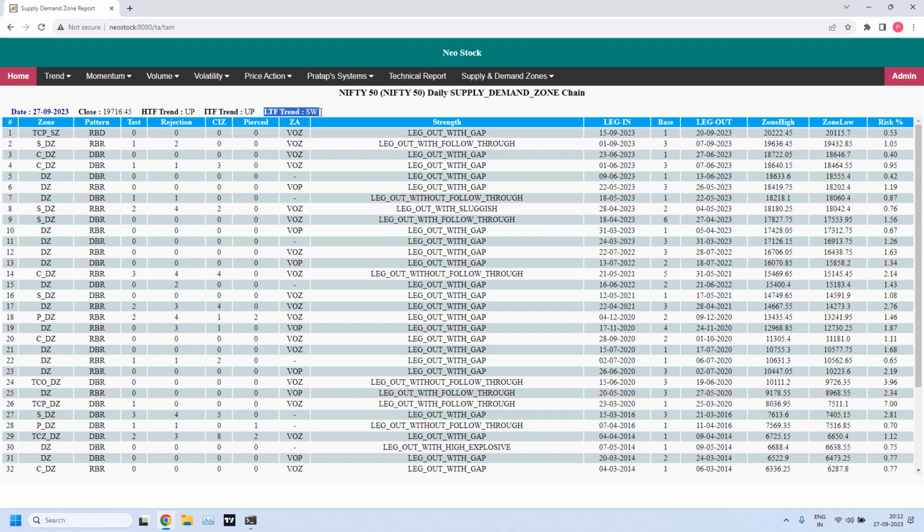That means on daily time frame, the direction has changed from uptrend to sideways. From sideways, again the market may reverse and go to the uptrend, or the downtrend may continue by changing from sideways to downtrend. Anything can happen.